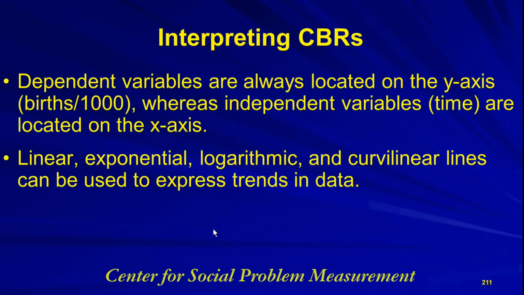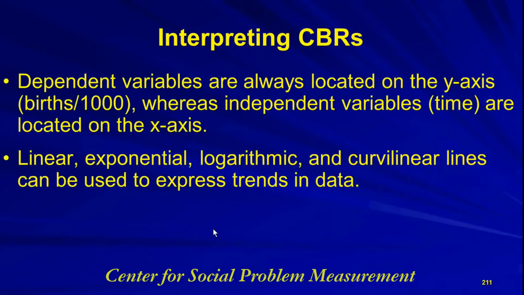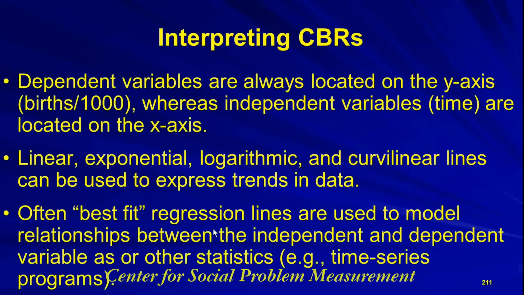Okay, and we talked about the various types of graphics that we have, and the trends that we have, and ours in this case would be described more as a curvilinear trend. And let me go back and show this to you real quickly. That's not a straight line, that's a curve, so hence we call it a curvilinear trend. Oftentimes we use a best fit regression line, which is a straight line to summarize data, but the best representation here again would be a curvilinear trend.